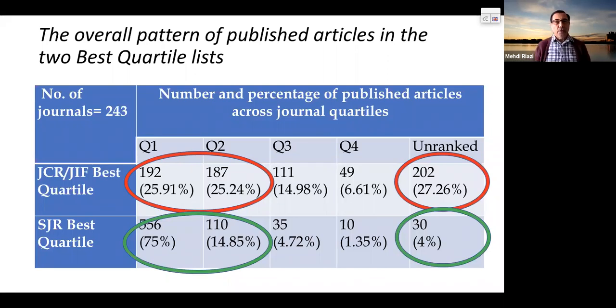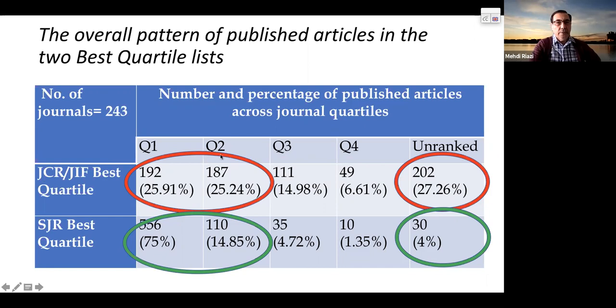Okay, let's have a look at this table. As you remember, I mentioned that these academics published their articles in 243 journals. And we used two best quartile indices, one belonging to JCR and the other to SJR.